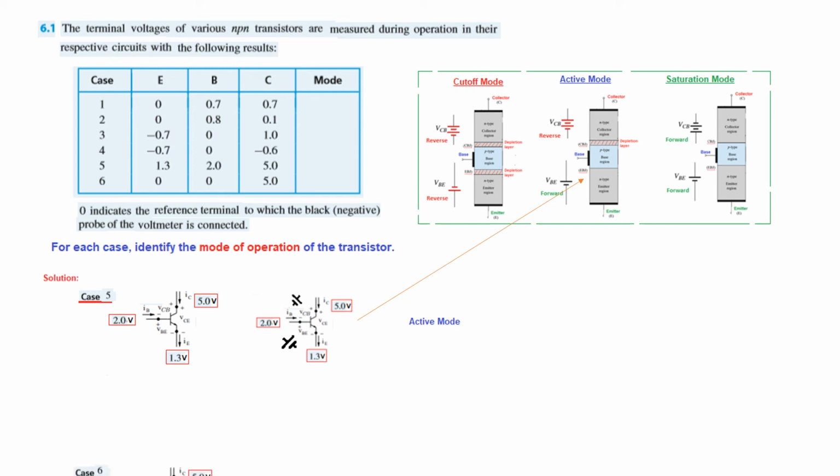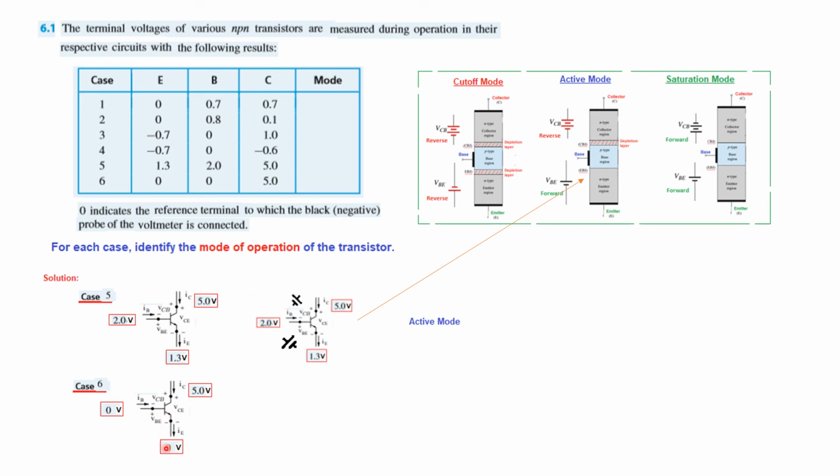And finally, case number 6, 0, 0 and 5. Now since we have learned also earlier that the base has to be at a higher potential, at least 0.7 volt, only then the base emitter junction will be forward biased and electrons will start to flow.